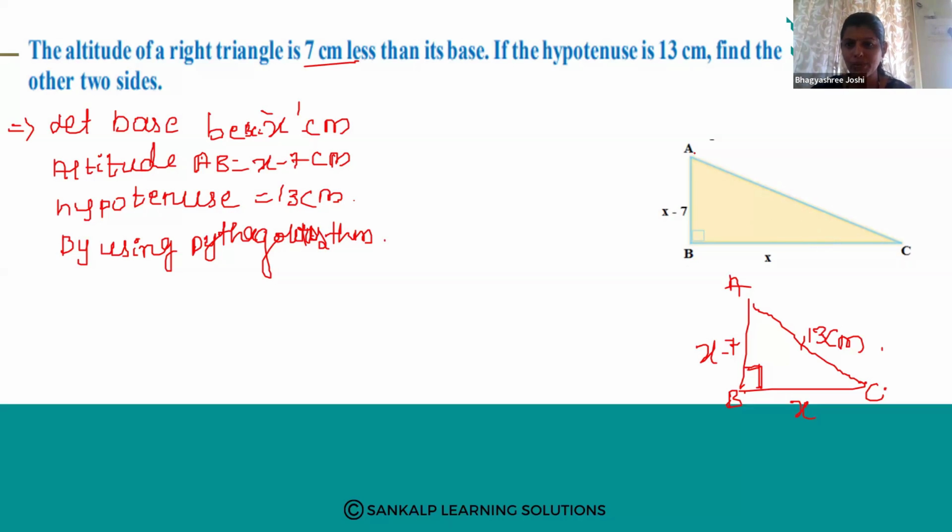What does the theorem say? Square of the hypotenuse is equal to the sum of squares of the other two sides. So hypotenuse is AC. So AC square is equal to AB square plus BC square. Right. So AC value we know. Hypotenuse AC is 13.